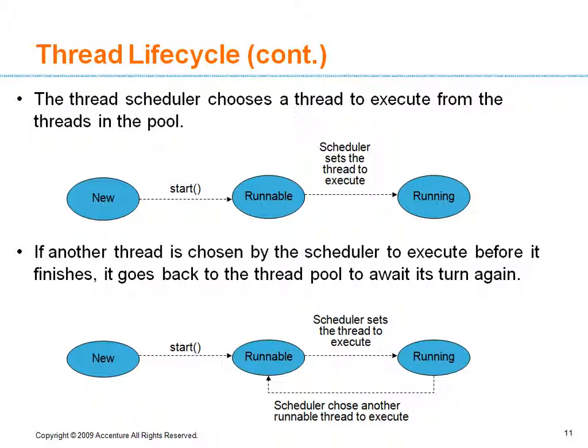Time slot allocated for the thread will be over after some time. After time slot allocated for the thread is over, then the thread will come from running to again runnable state. Now again it is ready to run. When time slot is over, again it will come from running to runnable state. Then the scheduler will choose another thread which is ready, right?